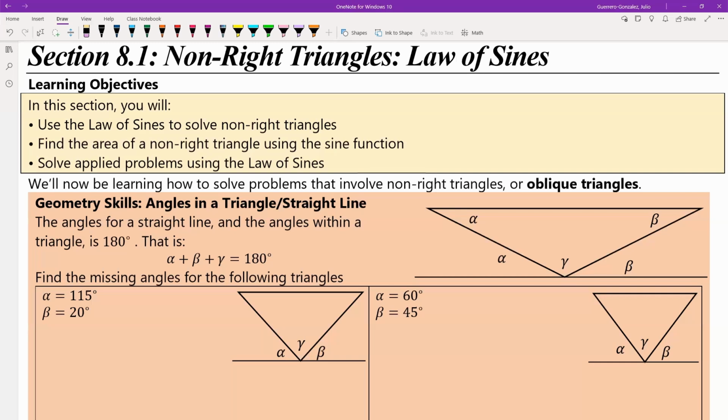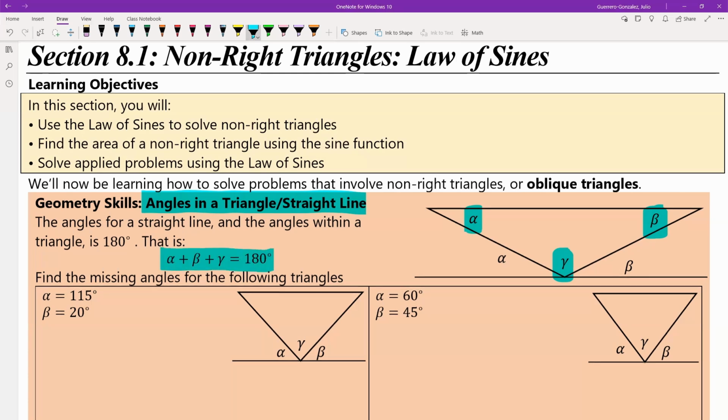Basically. Okay. The first thing I need to cover is some geometry. In particular, the angles in a triangle and in a straight line. Hopefully, you guys remember this from geometry at least, right? Basically saying that if I have an alpha, a beta, and gamma for the angles inside of a triangle, all of these have to add up to 180 degrees.